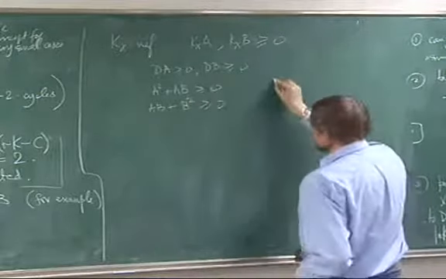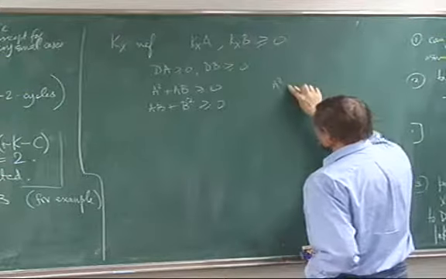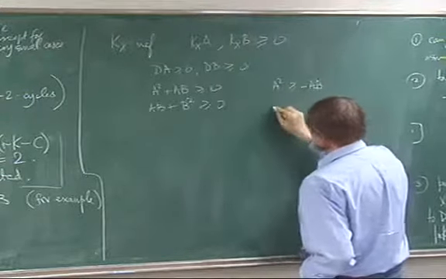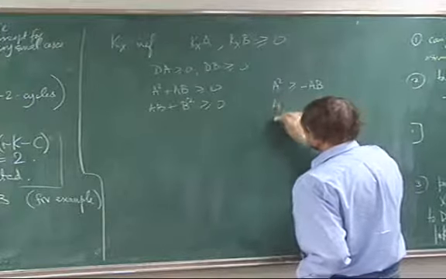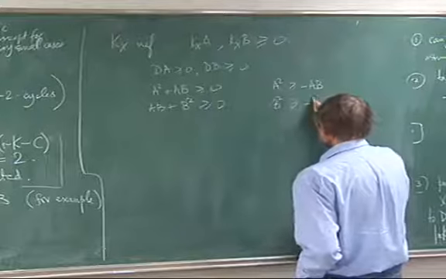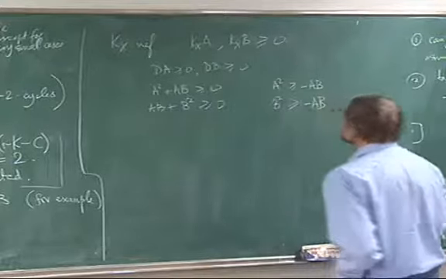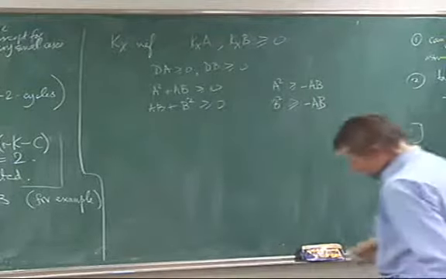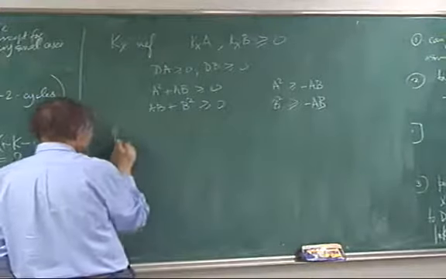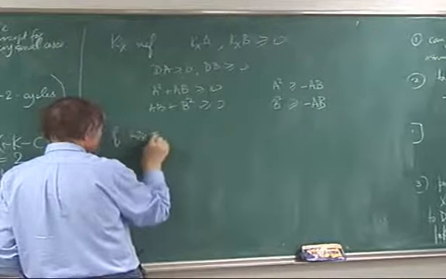Right, so I can also write this in the form A squared is greater than or equal to minus AB, and B squared is greater than or equal to minus AB. So what would happen if AB is negative?